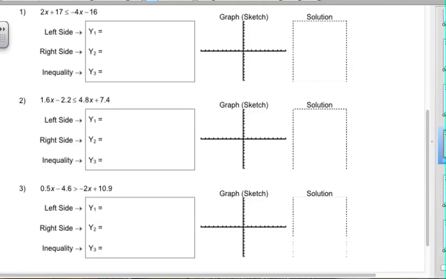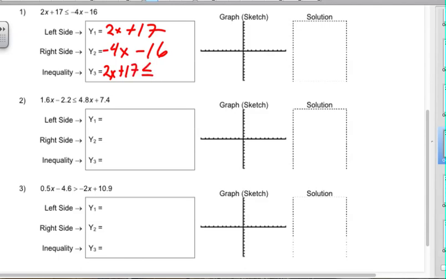So my left side then I'm going to put 2x plus 17. And I'm going to put negative 4x minus 16. I'm just going to copy this in, 2x plus 17.